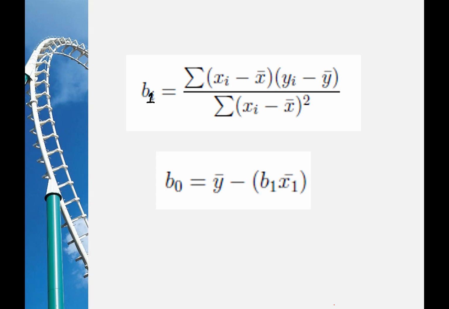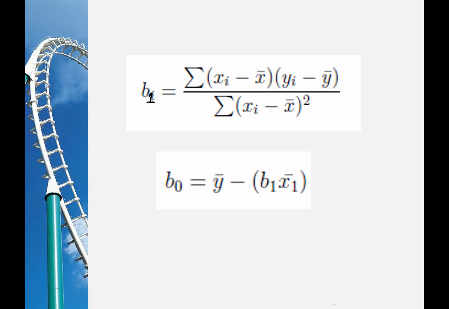First thing you're going to do is subtract your value of x, xi, the i represents what number observation it is. So it's the first observation, it's x1, right? Minus x bar, so the mean of all the x's. So you're going to find the difference between x and x bar. You're also going to find the difference between y and y bar.